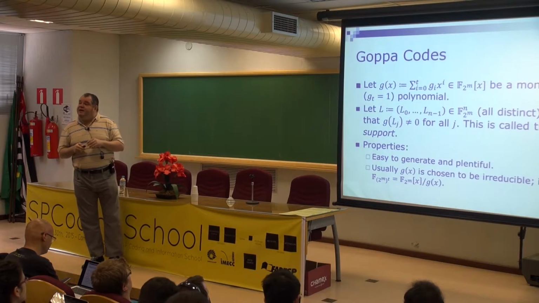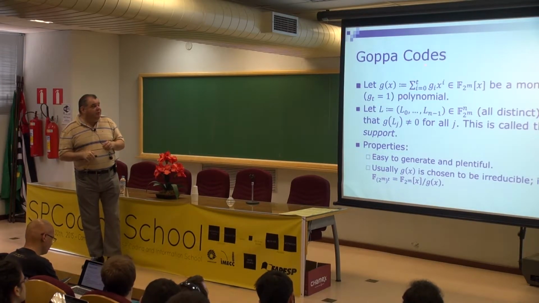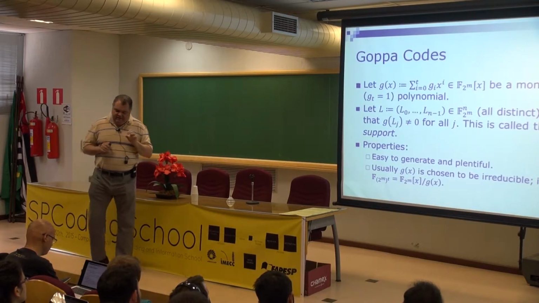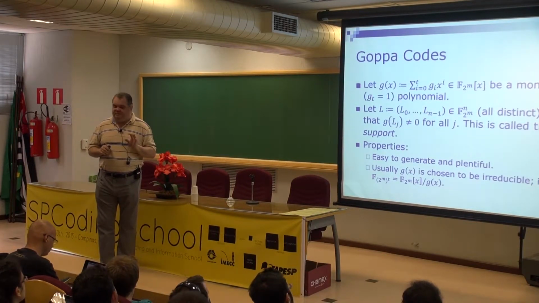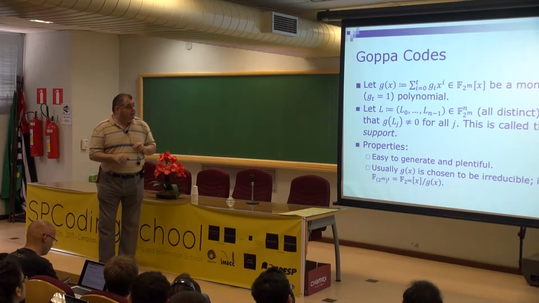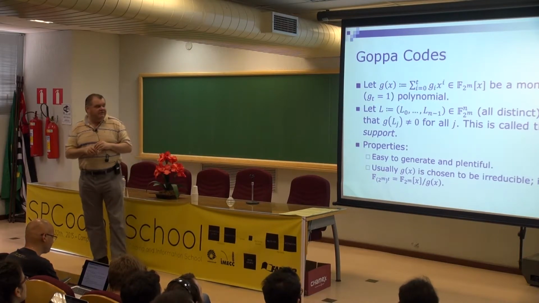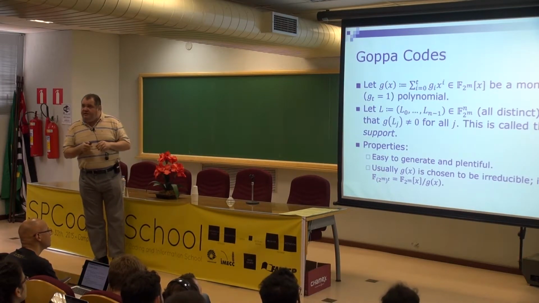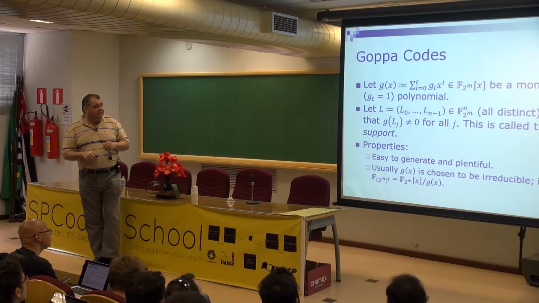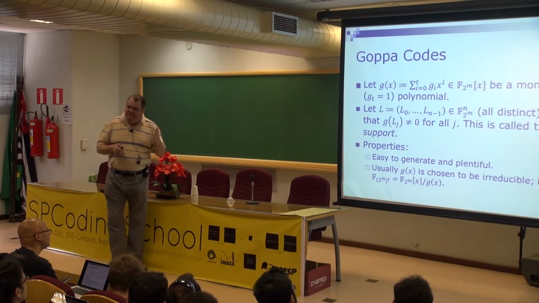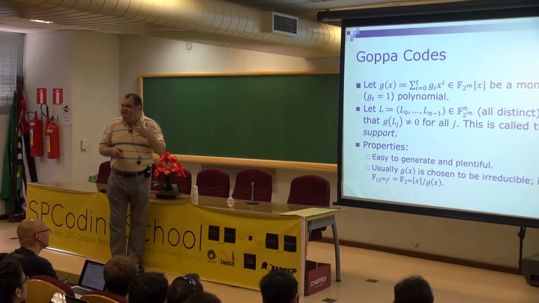A Goppa code is defined by one polynomial defined over a finite field of characteristic 2. So the coefficients will be taken from F_2^m for some given m. And it's also defined by what is called the support. A Goppa code is a subfield subcode of a GRS code.